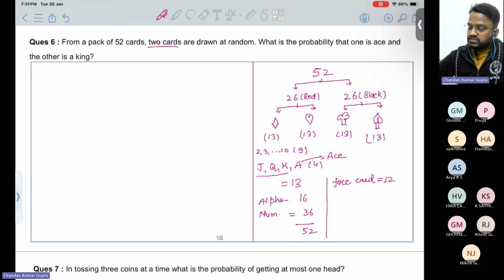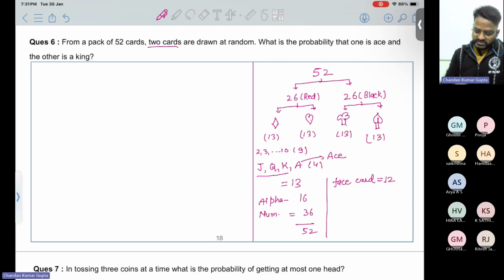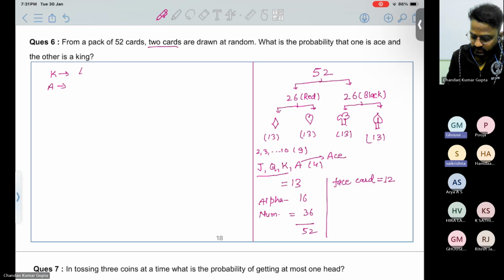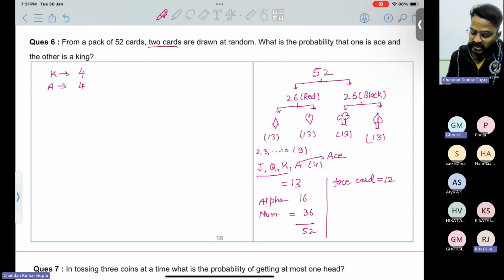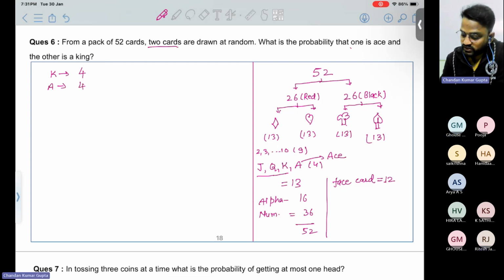So how to proceed? Look, we have a total number of king cards. Anyone? How many king cards are there in a deck of 52 cards? Four, exactly, 4. And we need to draw one ace and one king.